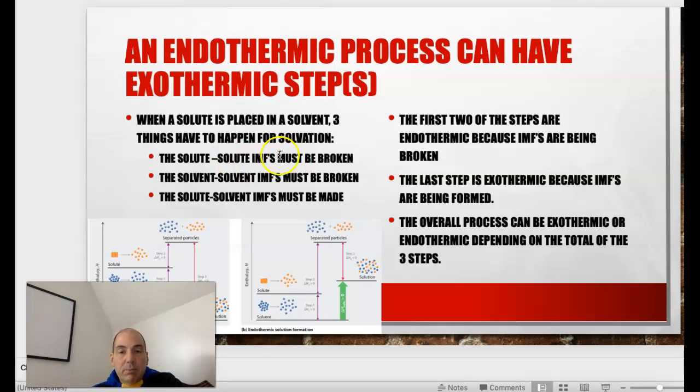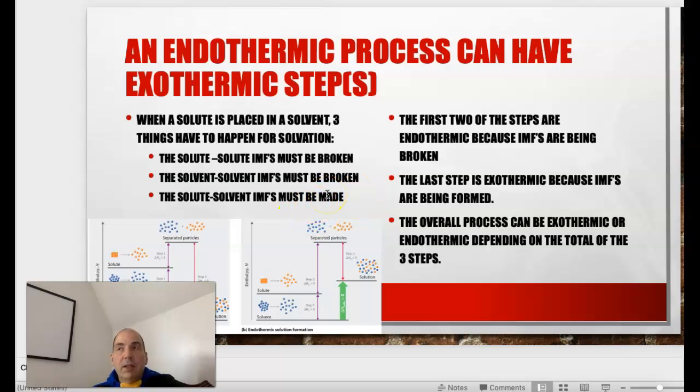So two things are being broken. Well, we said those are endothermic, so the first two steps are endothermic. But the third step is where we're making IMFs, so that would be exothermic. So you might say, well, if two of them are endothermic, one's exothermic, that should mean that it's endothermic. But it depends on the amount of energy that's going to be released in this last step, okay?